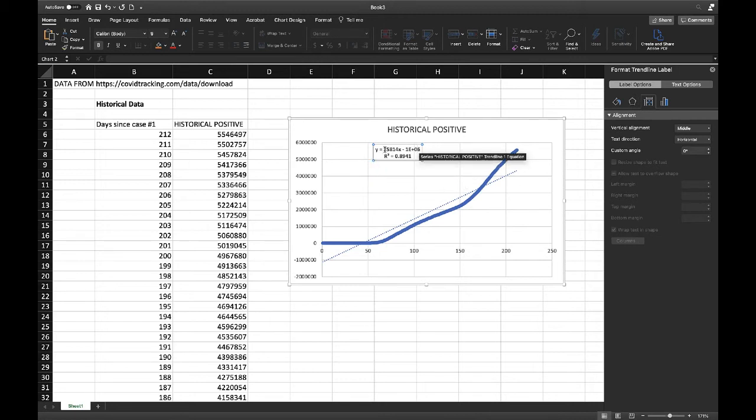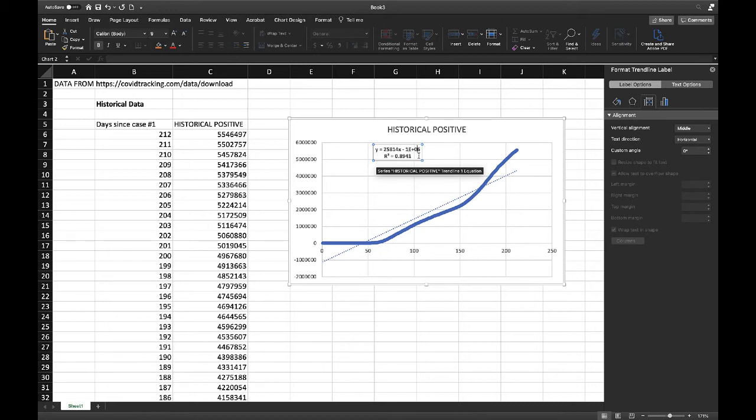The slope is 25,814. Because x is a day, that's saying that each day in the United States, on average, using a linear fit from the start of the COVID crisis, we've added 25,814 cases. The intercept here, which you have to subtract off that line, is about negative 1 million. It's negative because this line is not a good approximation of the curve.